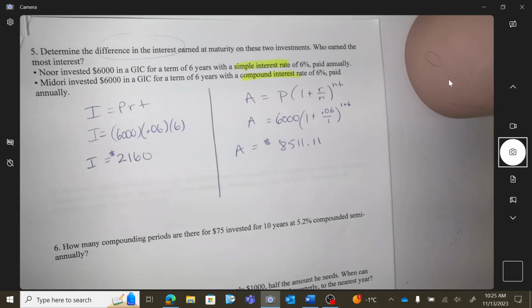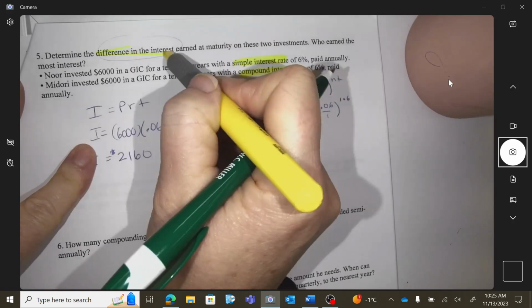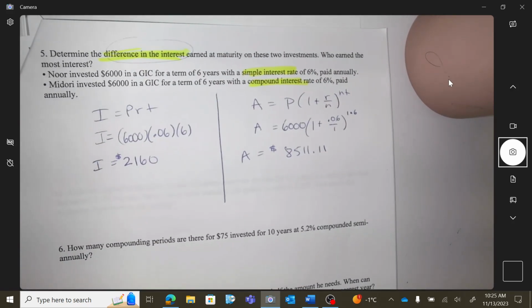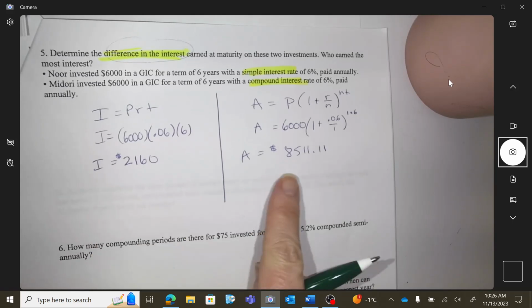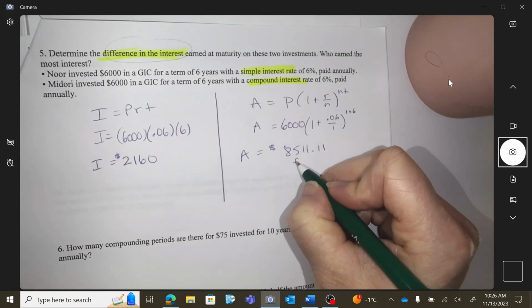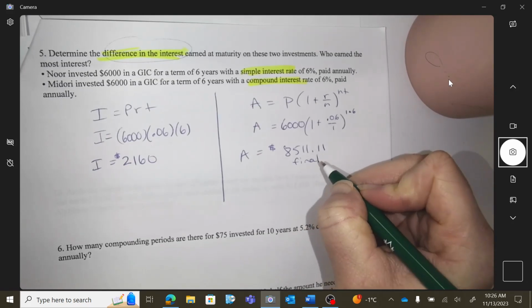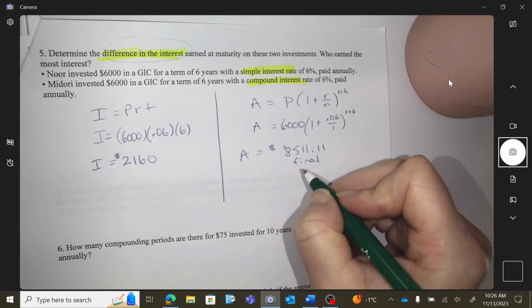Okay, how did we go with those formulas? Using the formulas is one thing, but now we got to figure out what's happening. So what's going on with the interest, the difference in the interest? This one is good, but this is actually a final. So what is the actual interest?